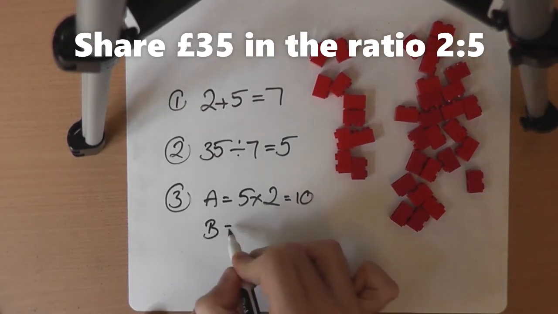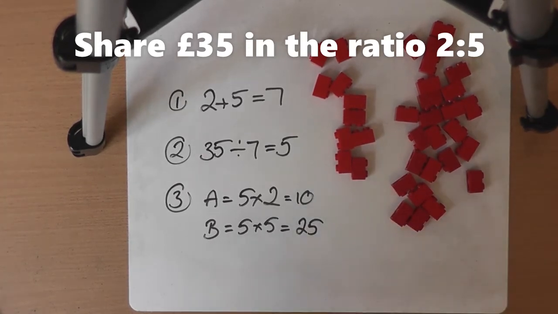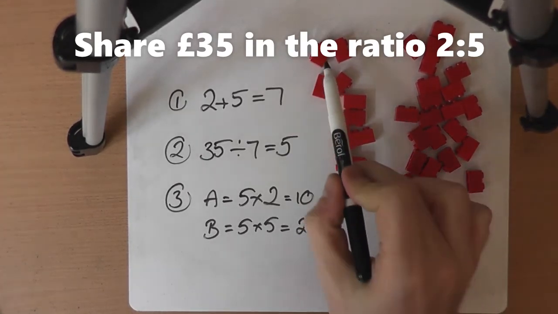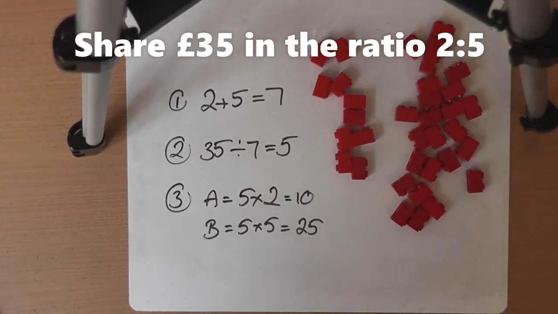And person B gets 5 lots of £5, and they get £25 in total. If we just do a quick count up, 1, 2, 3, 4, 5, 6, 7, 8, 9, 10, and then there would be the other 25 in there. 10 and 25 do indeed make 35, and we've shared 35 in the ratio 2 to 5.